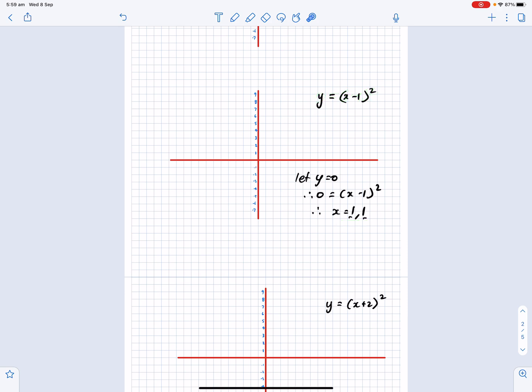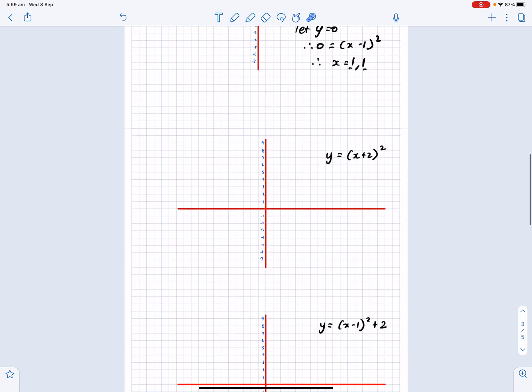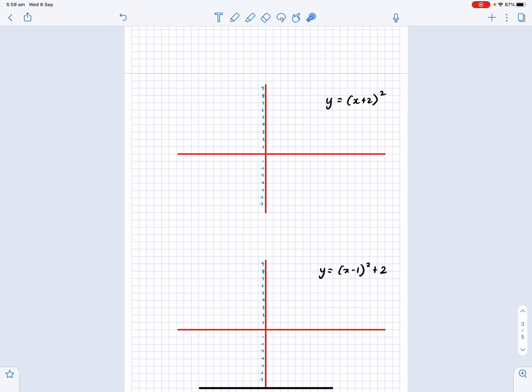And so that's why the parabola moves to the right 1 unit. So if your parabola x squared is like this, x minus 1 all squared moves it to the right 1 unit. And if this equation is a plus, then it moves the parabola to the left 1 unit.